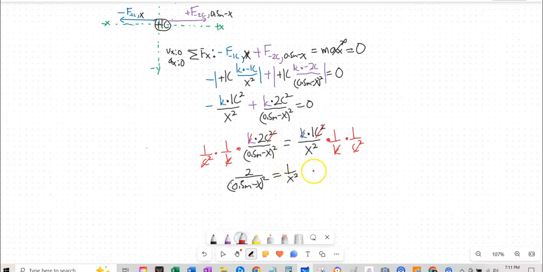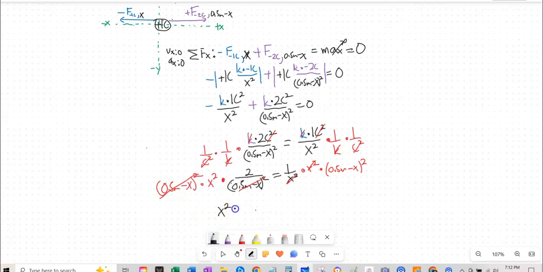Now what I'm going to do is multiply both sides by x squared, and both sides by 0.5 meters minus x squared. And when we do that, we get something that looks like this.